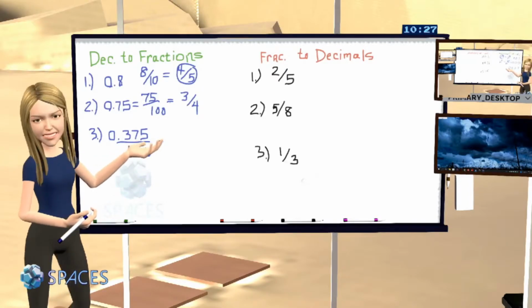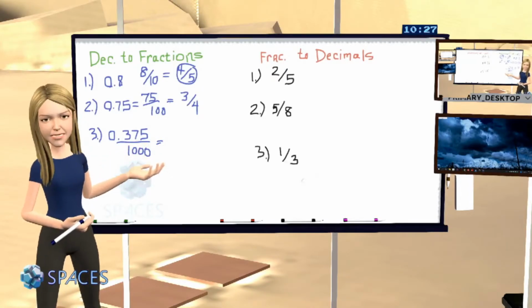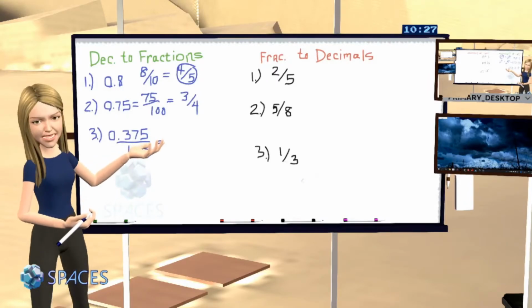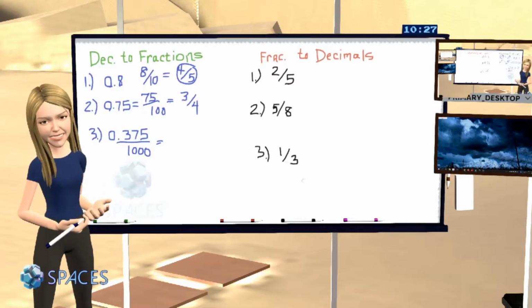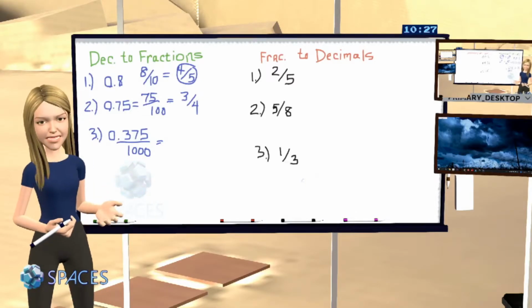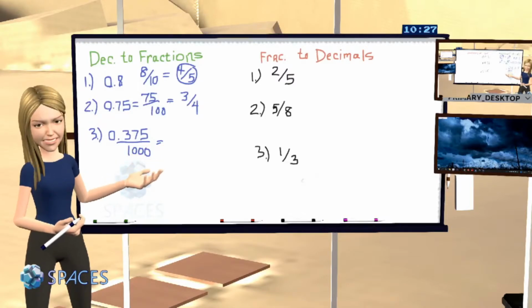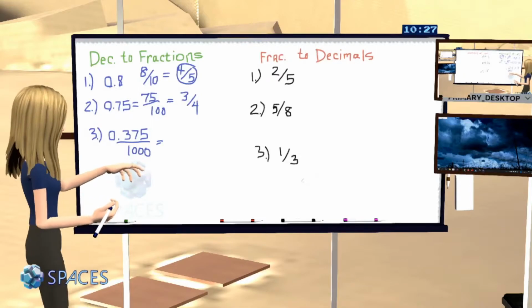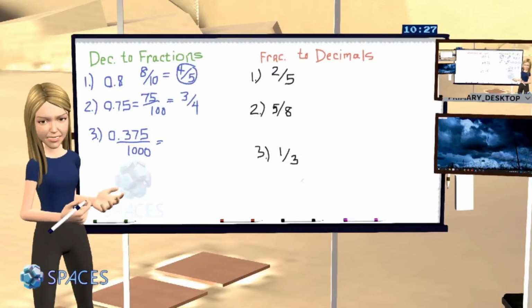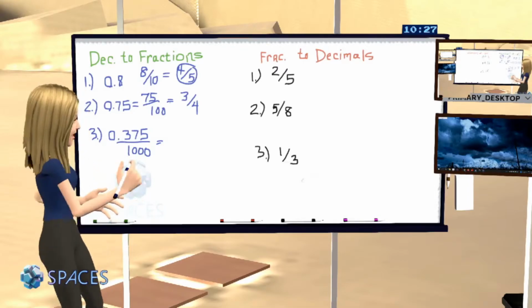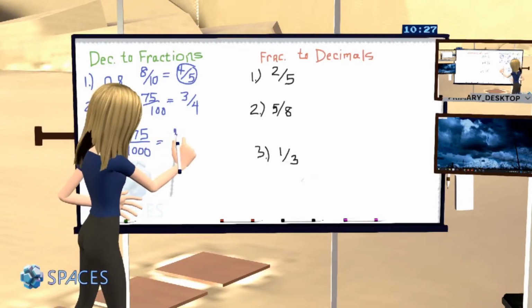And most students would say 25. Again, when we're thinking in terms of money, 25 should be able to go into 375 and 1,000. So I'm going to give you a hint here. If you divide by 125, this will easily simplify for you. All right, so 375 over 1,000 becomes, good, 3 over 8.